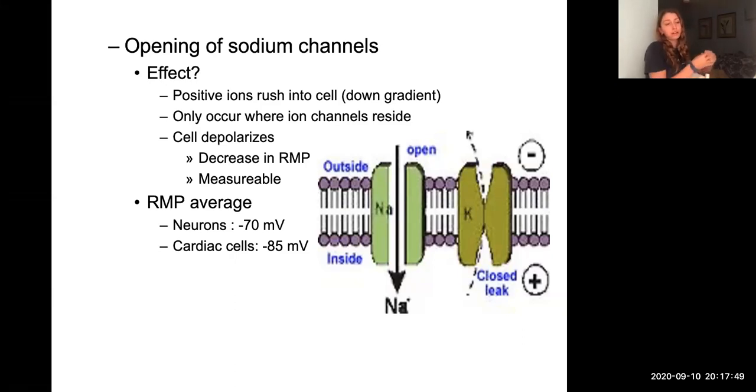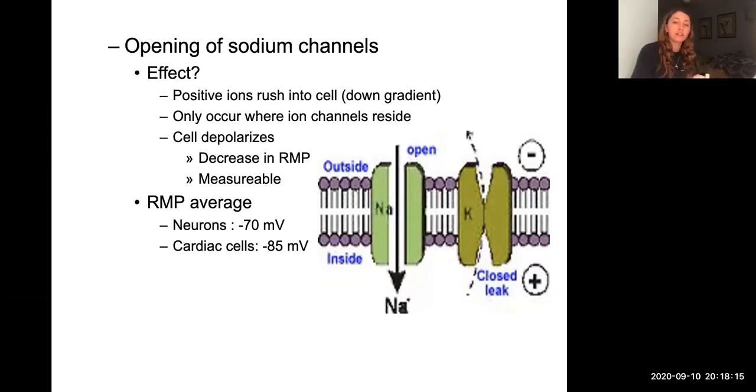So at threshold, it starts at -70, and when those sodium ions come in, it makes it more positive, or less negative, so it brings it closer to 0. I hope I didn't confuse anyone.